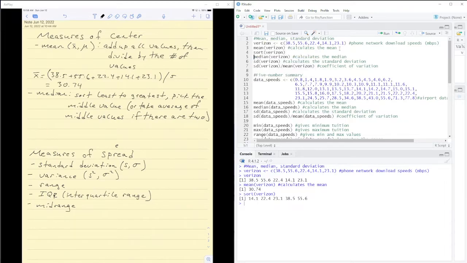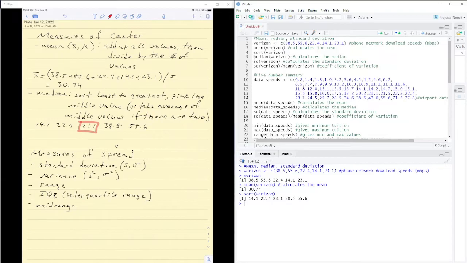So if we were to do this by hand, we would sort least to greatest: 14.1, 22.4, 23.1, 38.5, and 55.6. And then the median would be the one in the middle.